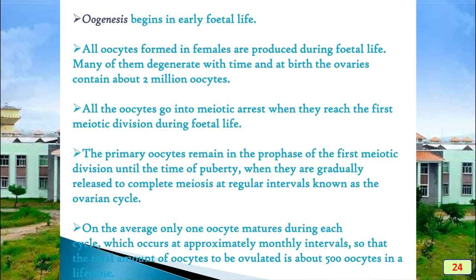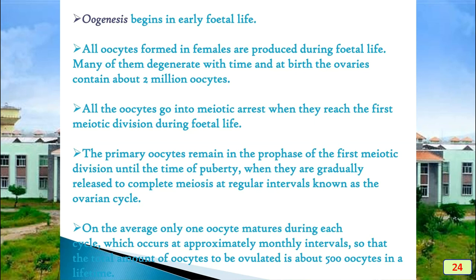At birth, the ovaries contain about 2 million oocytes, and all oocytes go into meiotic arrest when they reach the first meiotic division during fetal life.